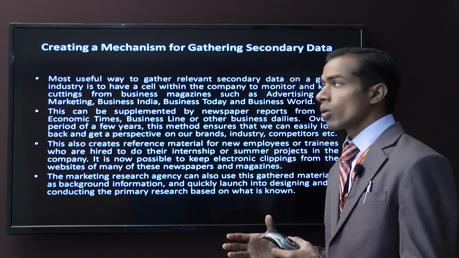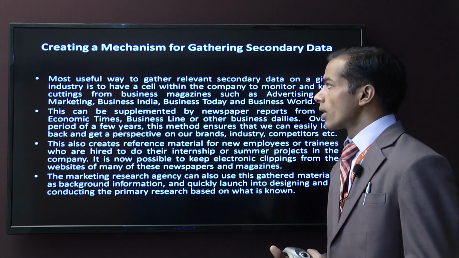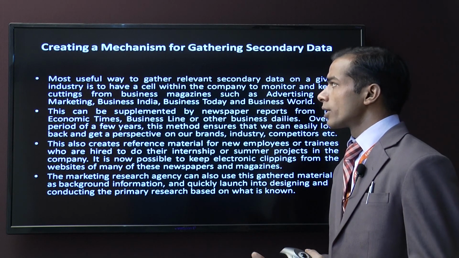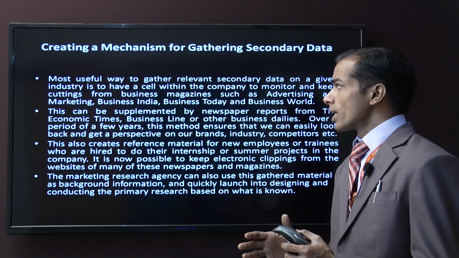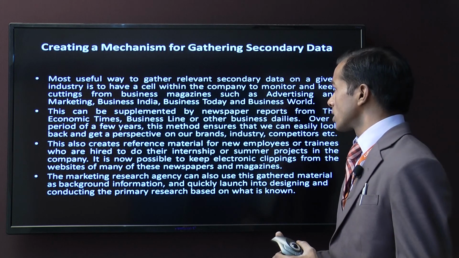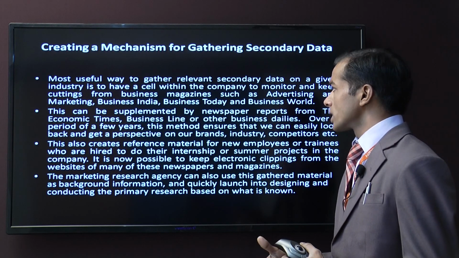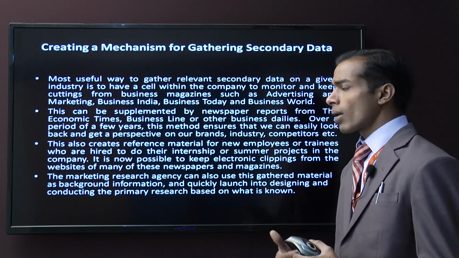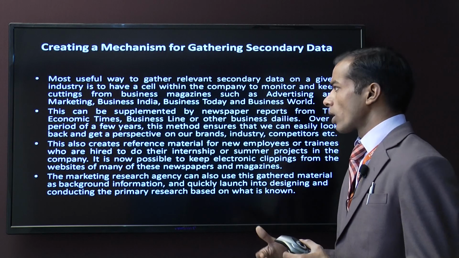Let us discuss creating a mechanism for gathering secondary data. The most useful way to gather relevant secondary data on a given industry is to have a cell within the organization to monitor and keep cuttings from business magazines such as Advertising and Marketing, Business Media, Business Today and Business World.